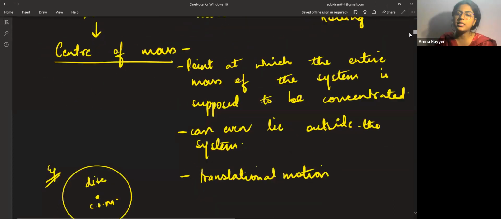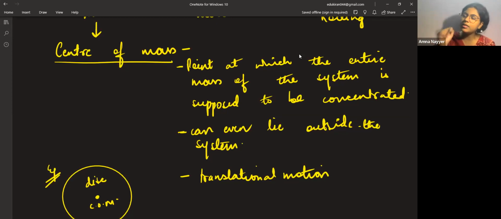Center of mass is basically that point which shows as if the entire mass is concentrated. Suppose there's a body and I have taken its center of mass. Even if I replace the entire system by only that center of mass, nothing will change.